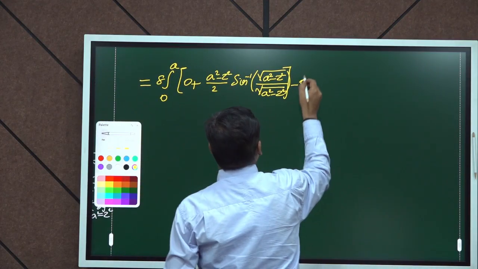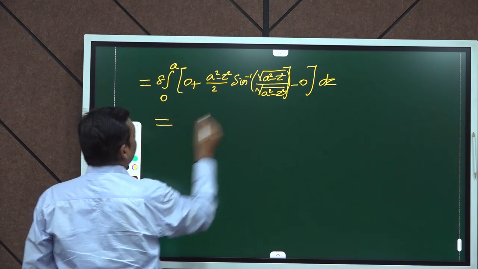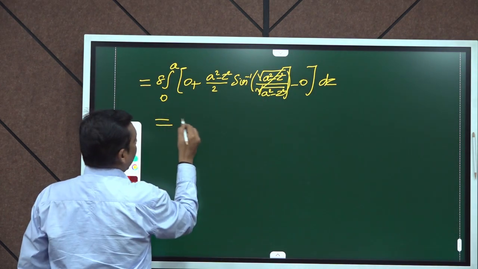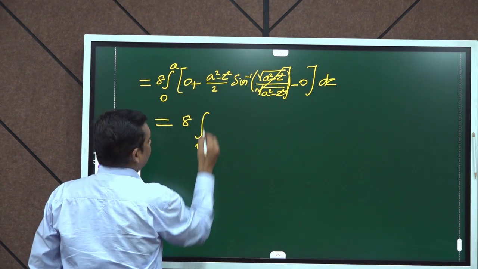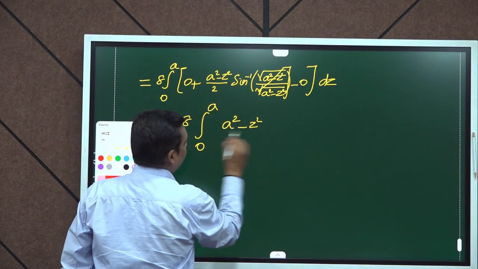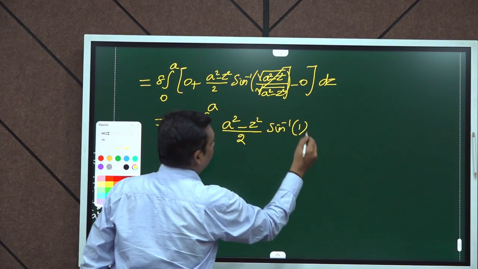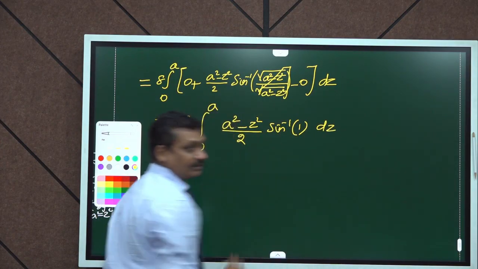That's why the result is sine inverse of 1. Therefore 8 integral 0 to a of a squared minus z squared by 2 sine inverse of 1 into dz.